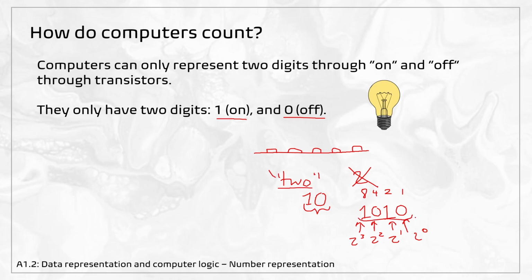So here, this is equal to 1 times 2 to the third plus 0 times 2 to the 2 plus 1 times 2 to the 1 plus 0 times 2 to the 0, which is just equal to 8 plus 2, which is equal to 10 in decimal.